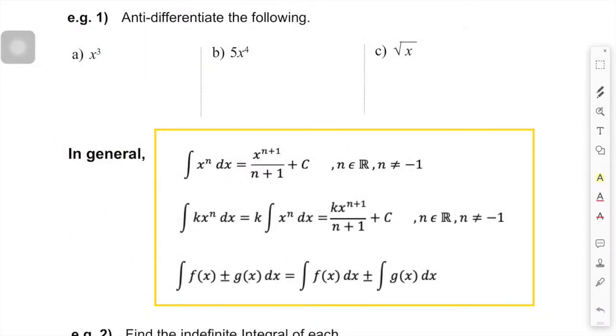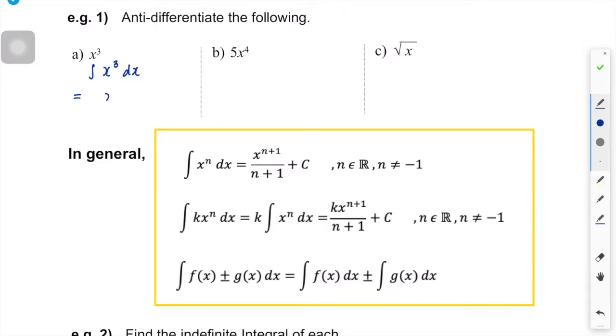Now let us consider some antidifferentiation questions. Example 1. A. Find the antiderivative of x cubed. Using formal notation, we can write this as the integral of x cubed dx. When you go backwards from taking derivatives, the exponent should go up by 1 instead of going down by 1.